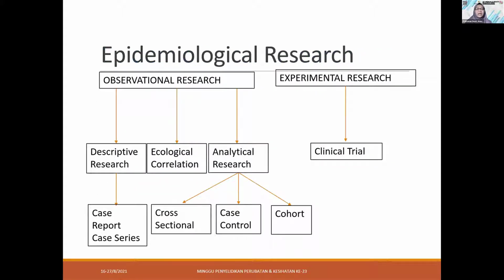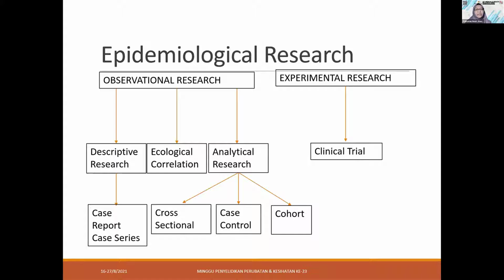In terms of epidemiological research, it is divided into two: observational research or experimental research. If it is observational research, it can be descriptive research and also case report, case studies. Case reports and case studies, which most of the time we do in the clinical setting, are just descriptive research. We just describe the case.